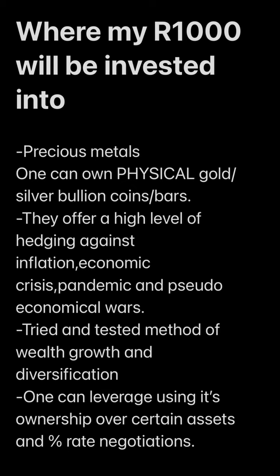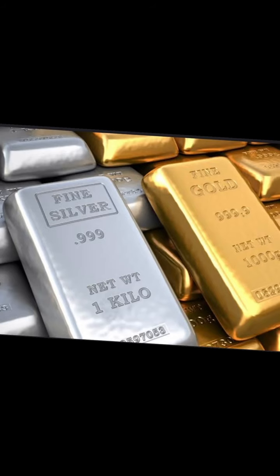Physical gold and silver is proven to be strong, and it's a strong hedge against all the crises that one has. Also, it has leveraging ability for different things, which I'll explain in another video, because I need to break down this whole precious metals thing in such a simple way that the next person can understand it. But this is a very powerful form of investment, and I would encourage every single person to get them.